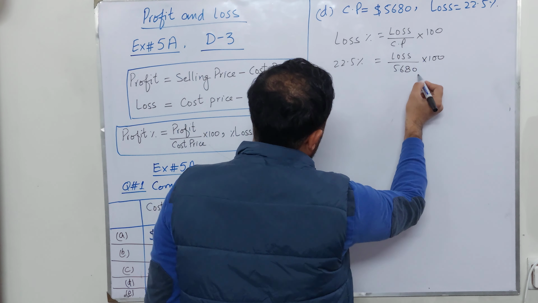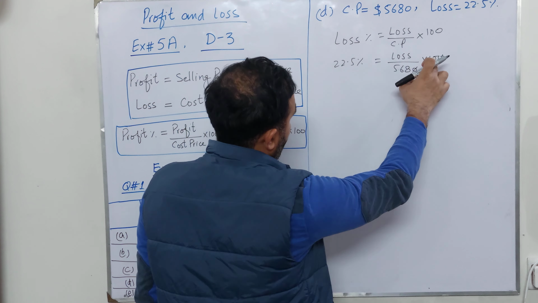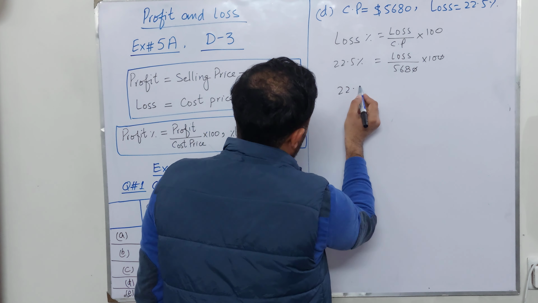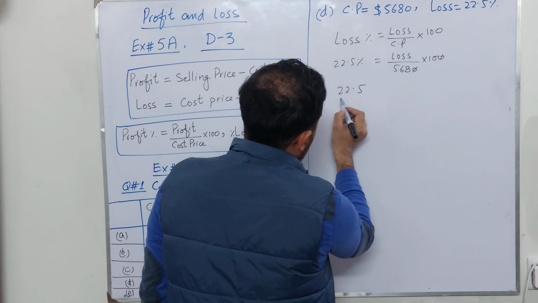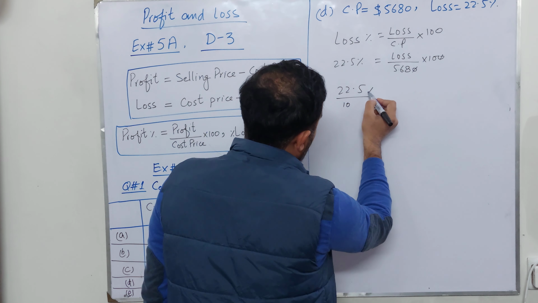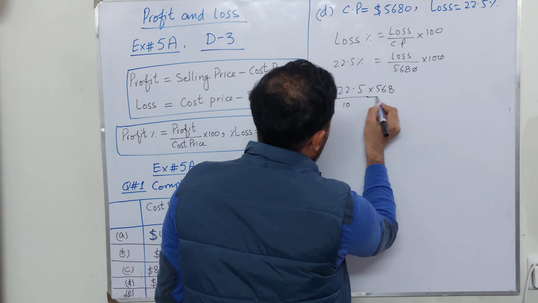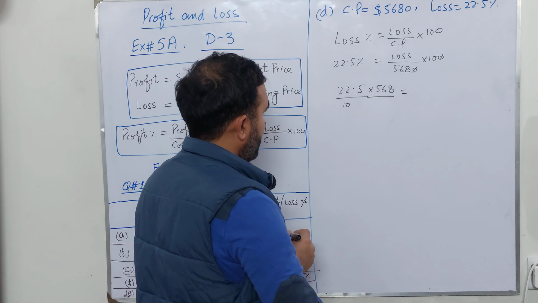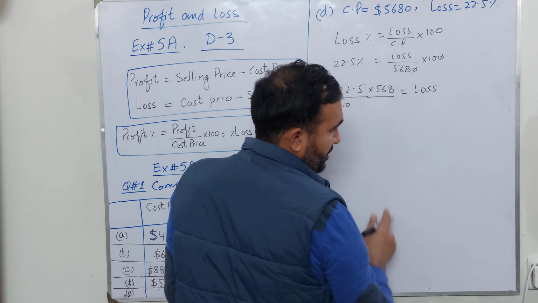into 100. Okay, so cancel 0 with 0 and shift this 10 and 568 to the other side. So it will be 22.5, and this 10 will come in the denominator and this number will be in the numerator, so it will be 568 into 22.5 divided by 10, and that is loss, right?